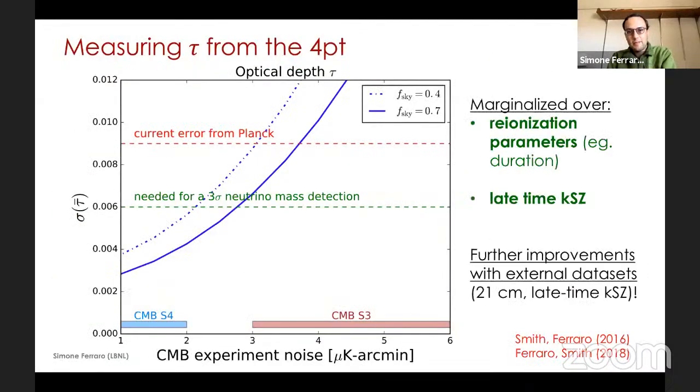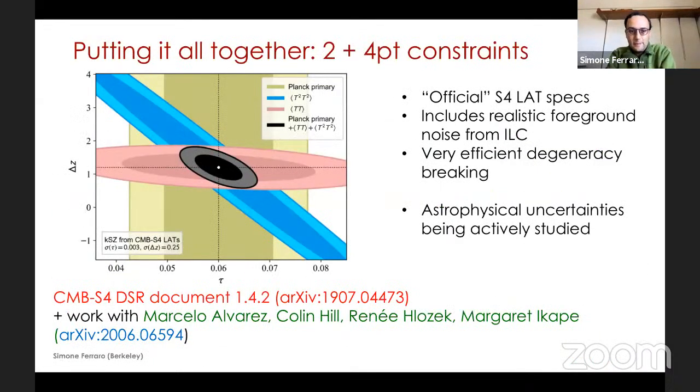Okay, so let me sum up. In blue here, you see the KZ constraints you get from the 4-point function that we talked about. Maybe it's not enough to fully break this degeneracy between tau and duration. However, we can put the 2-point function back into play.